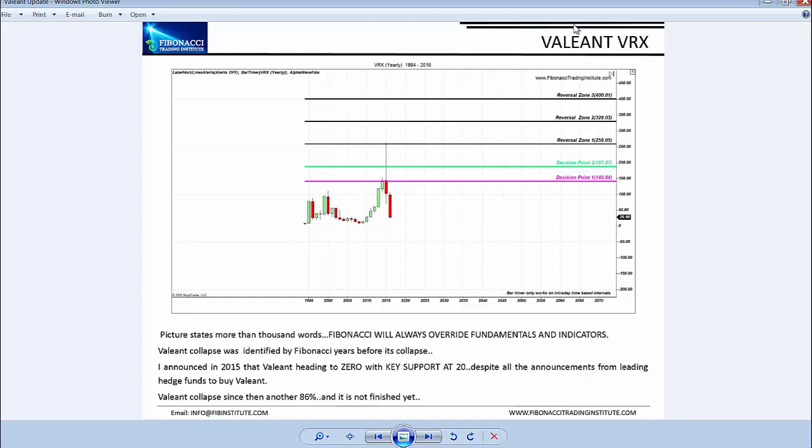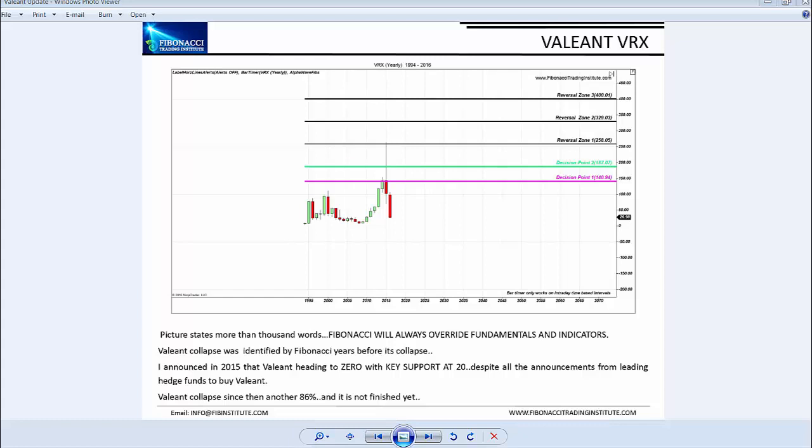Students like Ed know this after 1 week. Top hedge funds in the US chose to buy Valiant because Valiant had stunning earnings. Fibonacci reversal zone overrides any earnings, any fundamentals, any indicators.